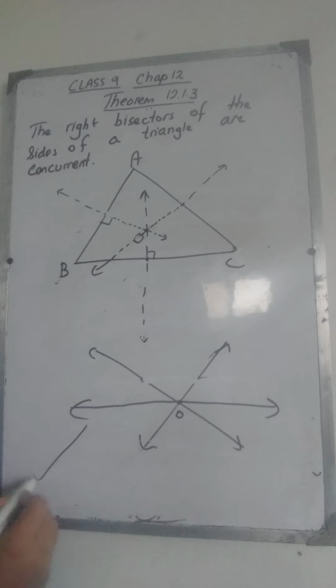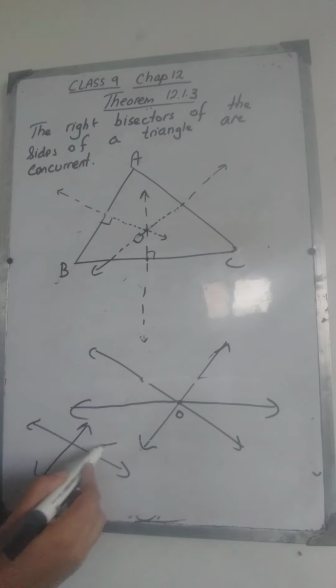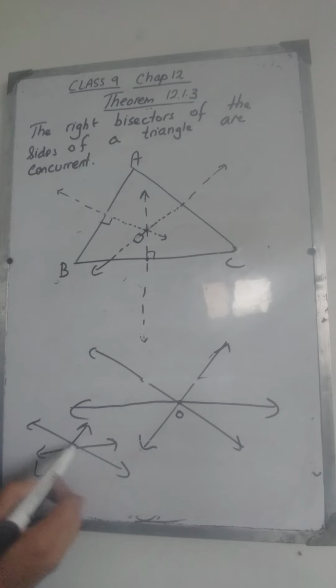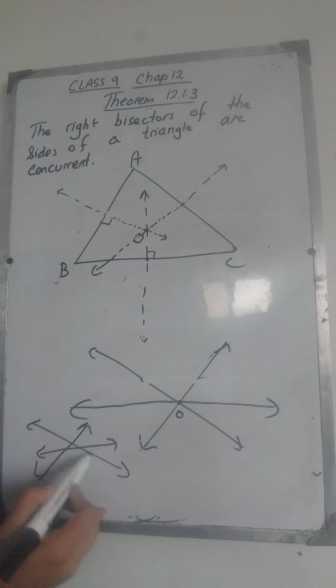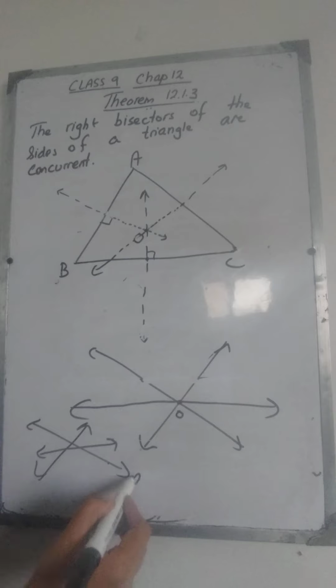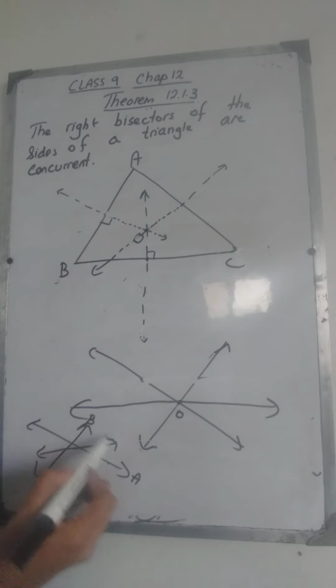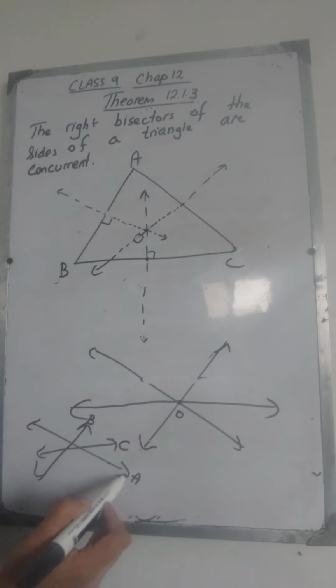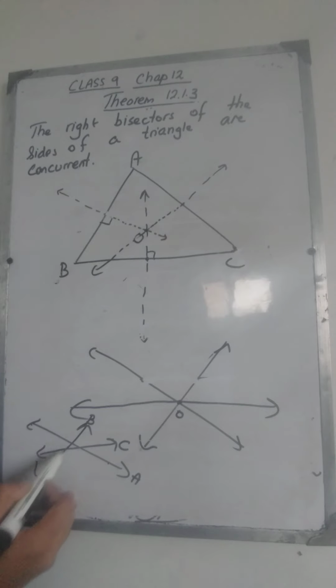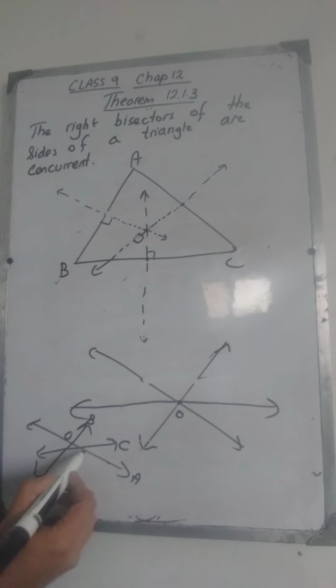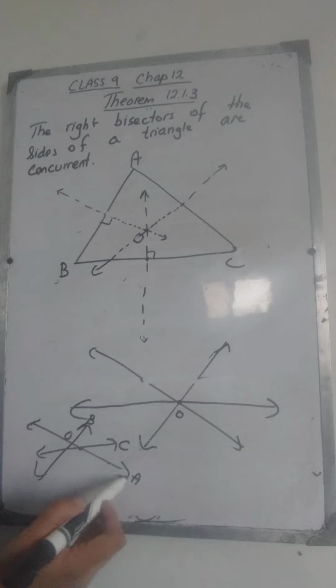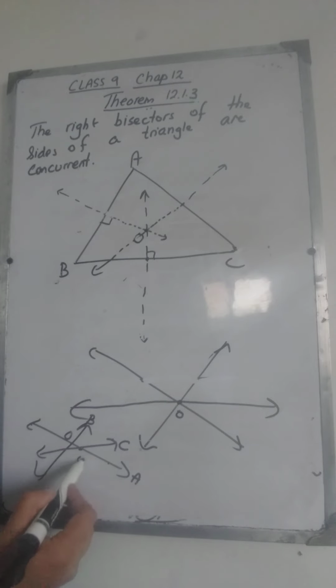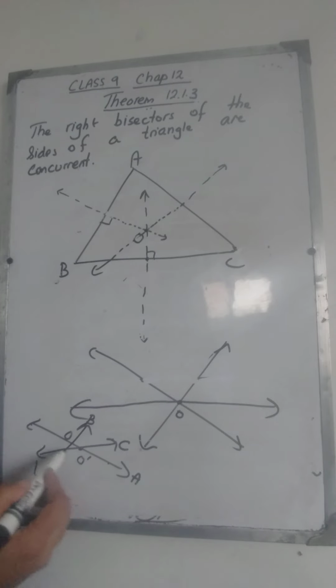For example, suppose I draw two lines, and there is a third line which intersects them. Let them be line A, line B, and line C. Now the point of intersection of A and B is this point, let it be O. The point of intersection of A and C is O dash, and the point of intersection of B and C is O double dash.